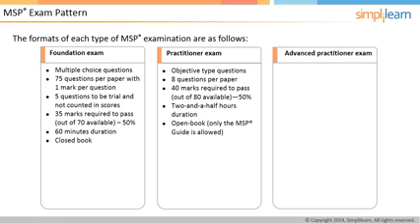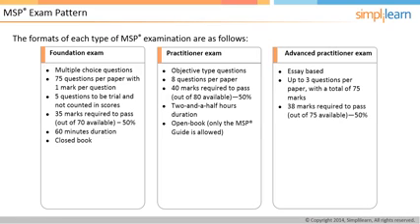The Advanced Practitioner exam is essay-based with up to 3 questions per paper. Each question will have subparts with a total of 75 marks to score. The exam is based on an MSP case study provided before the exam and additional information provided during the exam. Out of 75, a total of 38 marks are required to pass, which is 50%.